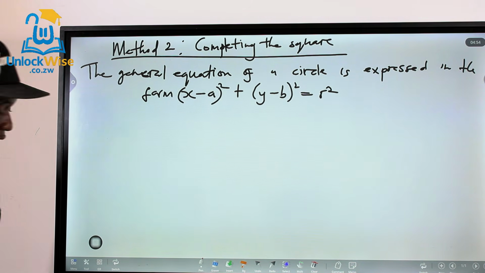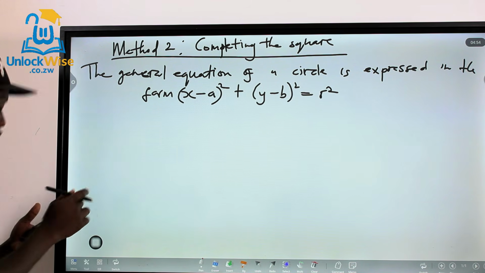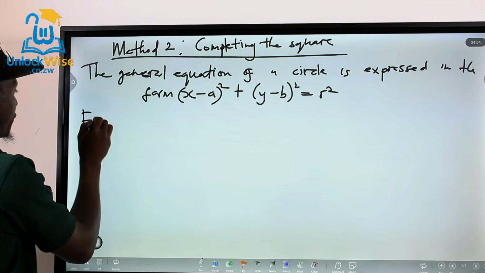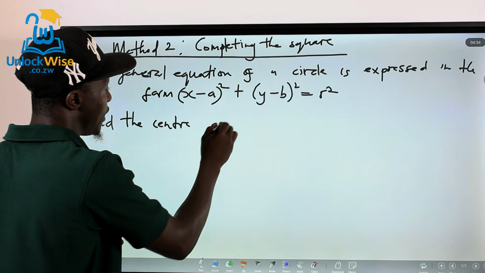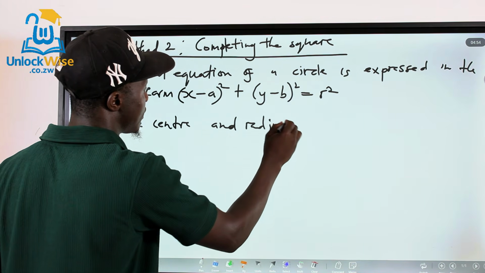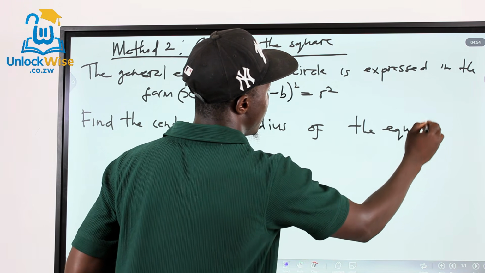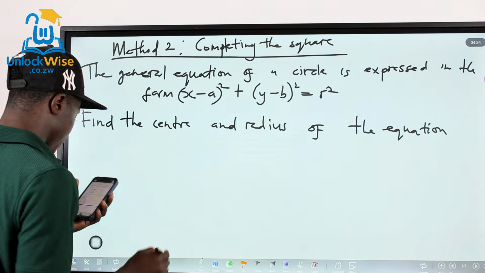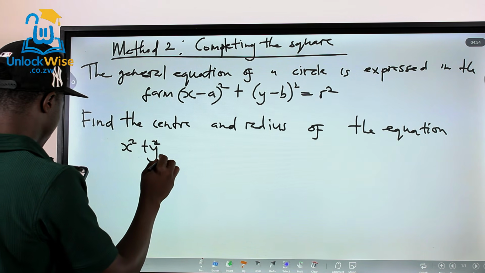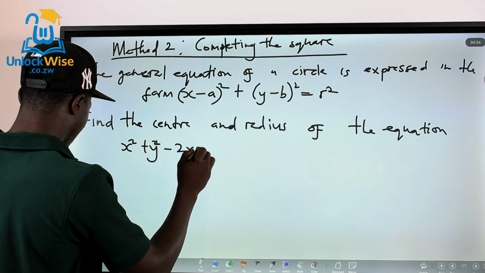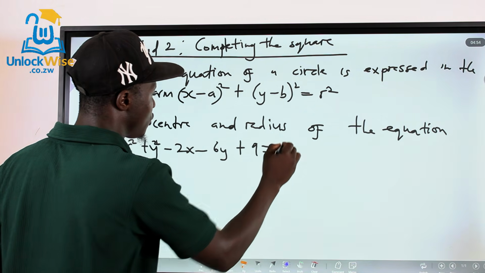Generally there will come a question which will say, like the first question I did: find the center and radius of the equation x squared plus y squared minus 2x minus 6y plus 9 is equal to 0.